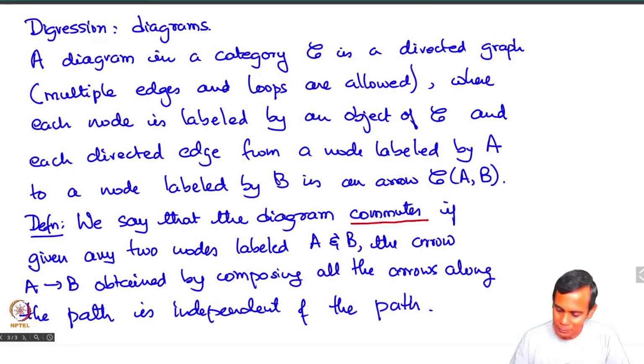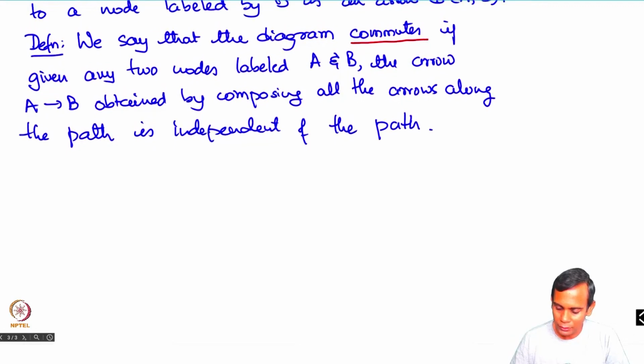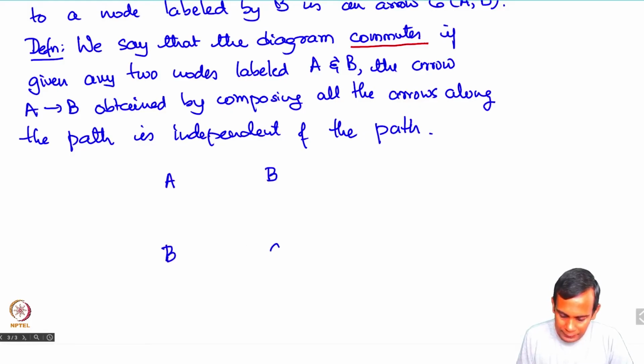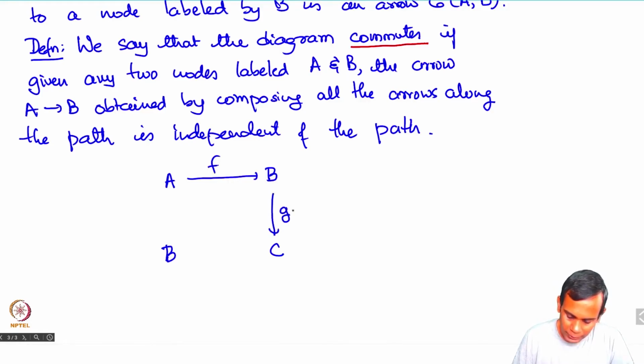Nevertheless, let me just explain why we use the nomenclature commutes. It comes from a very simple diagram. So suppose I have objects A, B, and C, and I have arrows maybe I'll call F and G. F is an arrow from A to B and G is an arrow from B to C, and well, this is not going to work so well.